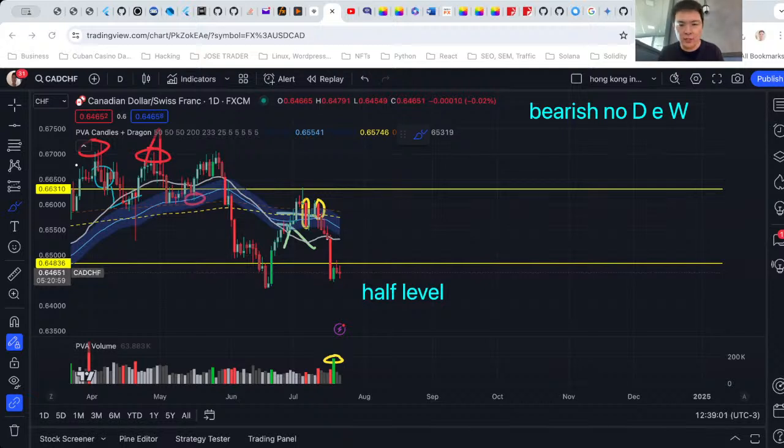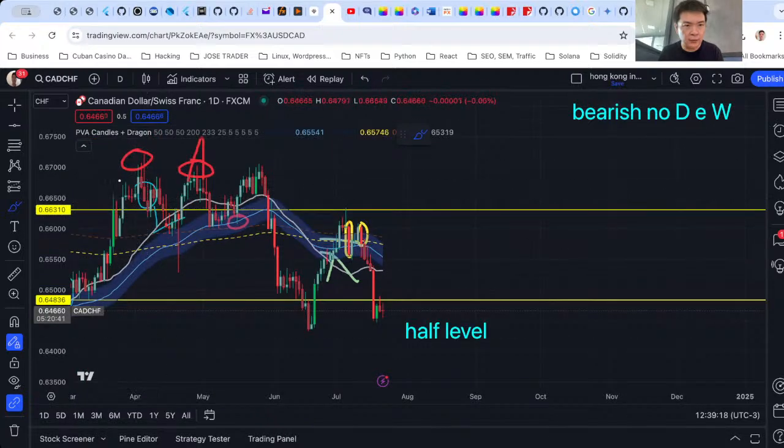Here on my CADCHF position, as you can see, I'm using PVSRA. If you don't know how to use PVSRA, I know that a few of you guys are very new to my channel. If you have never seen my channel before, let me explain. So I'm going to close this indicator. Let me get rid of this indicator as well.